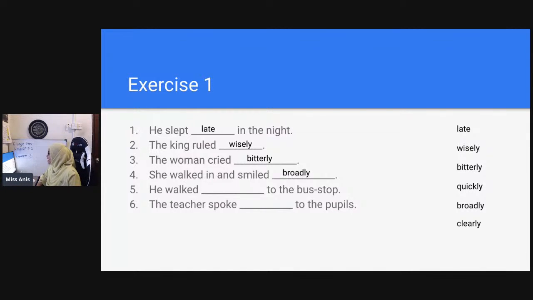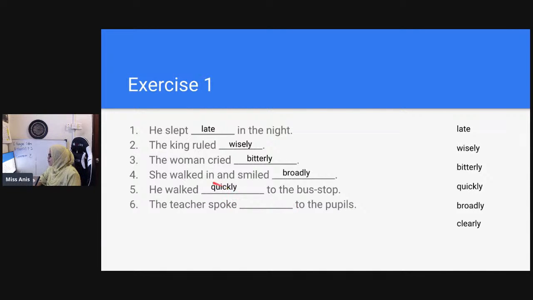Okay, sorry. Alright, so here, dekat antara dua ni, tinggal quickly dengan clearly. Kalau kita letak quickly dekat teacher ni, Allah dah bagi jawapan. Sorry, okay, never mind. But I wanted to say just now, kalau kita letak quickly dekat teacher spoke ni pun betul.